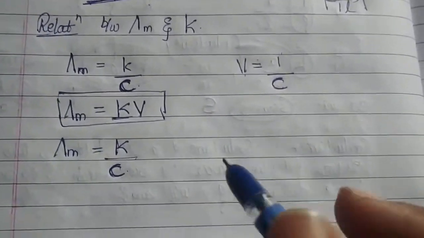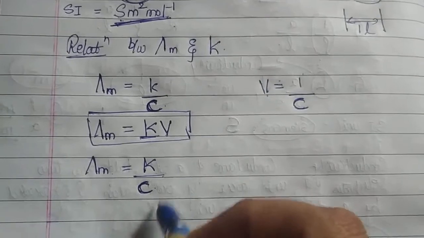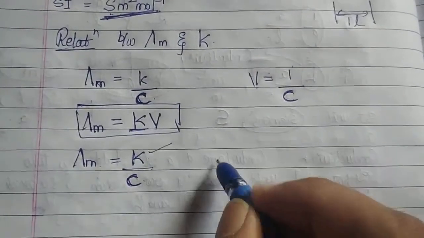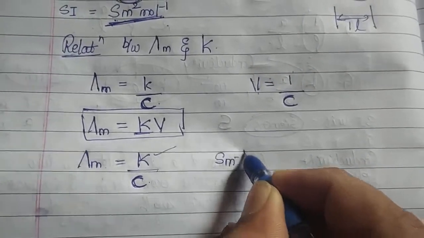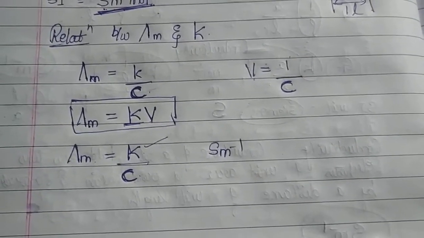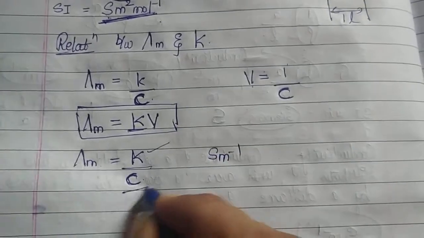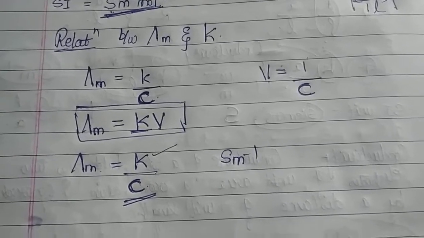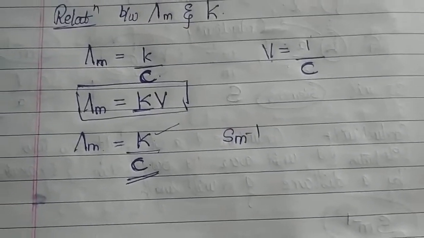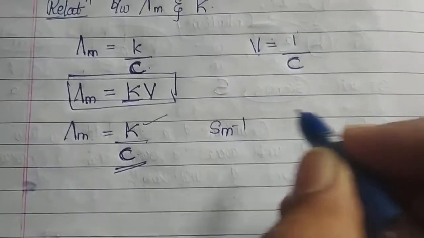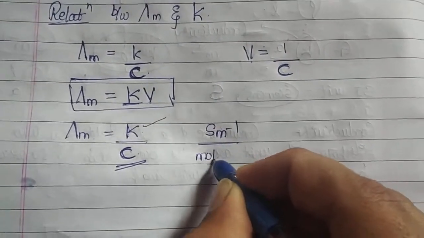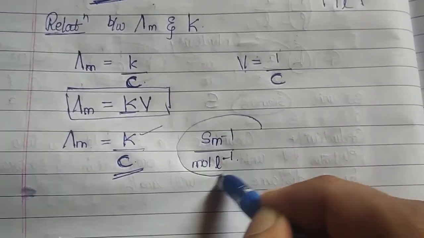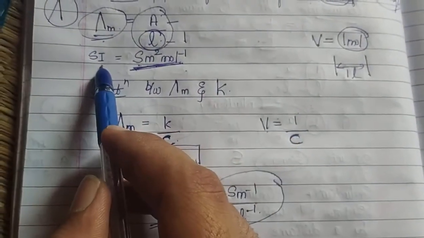Now from the formula, you have the conductivity, which means Siemens per meter, as you know the SI unit of conductivity. From kinetics, recall the unit of concentration. We were writing it as mole per decimeter cube, or we can also write it as mole per liter.